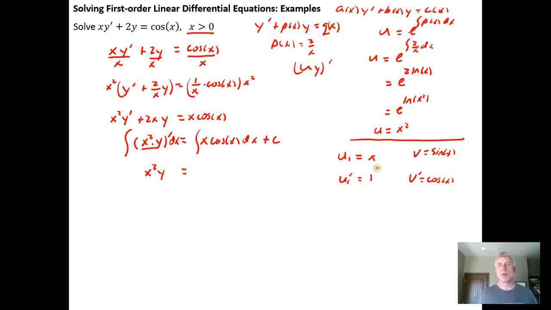So integration by parts, I get the u times the v, I get x times sine x right here, x times sine of x, minus the integral of u prime v, so 1 times sine x is sine x, and this is a dx plus a constant of integration, so we get x squared y equals x sine of x, and the antiderivative of sine is going to be minus cosine, and that minus will combine with the subtraction to give me a plus cosine of x.